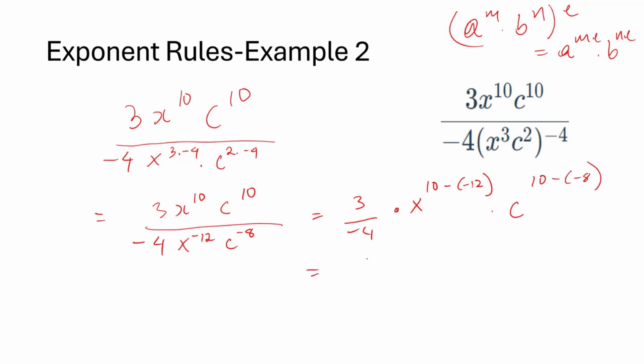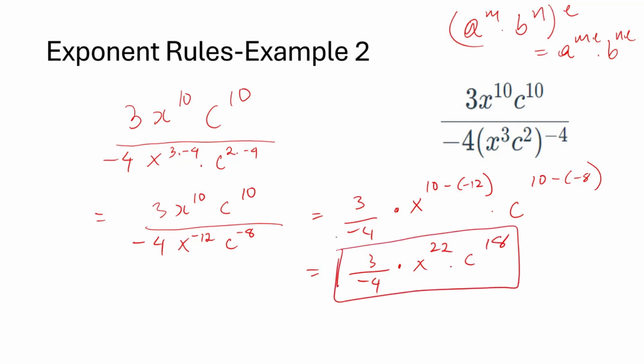As a result, I'm going to get 3 over negative 4 times x to the 10 minus negative 12, which simply works out to be 22. And this is going to be 10 minus negative 8, which is c to the 18, and this completes this problem.